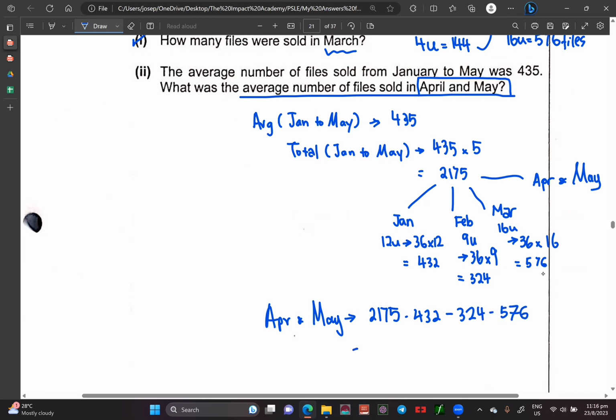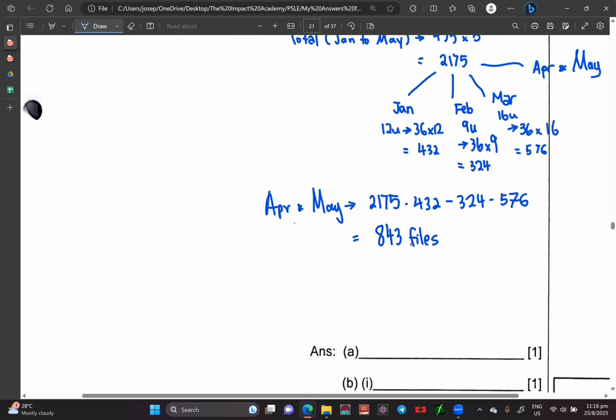And therefore, the answer for this has to be 843 files. Now, what exactly is this 843 files? This is the total, all right? Because they want us to find the average, we just have to do 843 divided by 2. Why is it 2? Because April and May, that's 2 months, okay? And when you do that, you realize that your answer has to be 421.5.